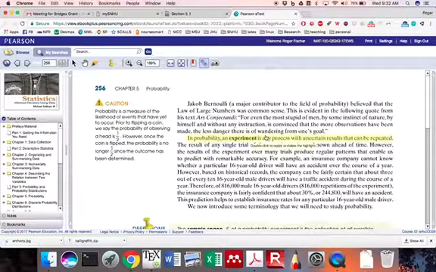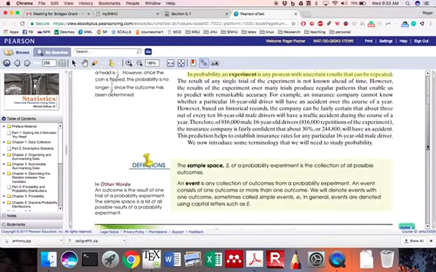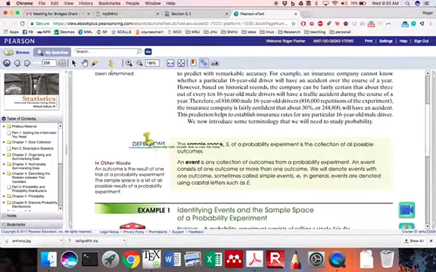So that's similar to a science experiment, but a little bit different. Anything like tossing a coin, rolling a die, rolling 2 dice, pulling names out of a hat. These are all experiments. You don't know what's going to happen, and you can do the activity multiple times. And so these words are very important.